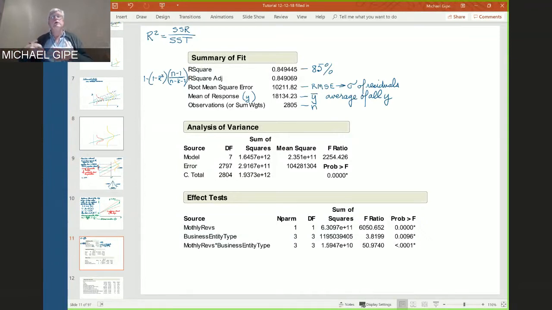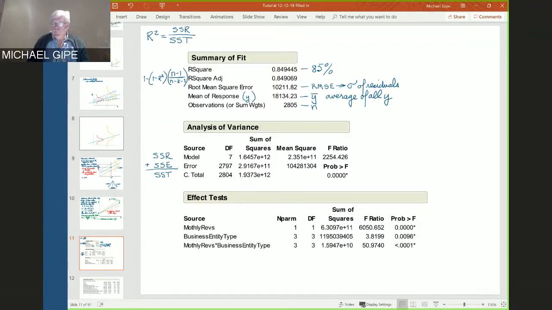Anyway, sum of the squared regression and sum of the squared errors, and these things should add up to the sum of the squared total. So the first line talks about the model itself, and then the next line is the error contribution, and then finally the bottom line will be the total. So we can take these things and add them up.